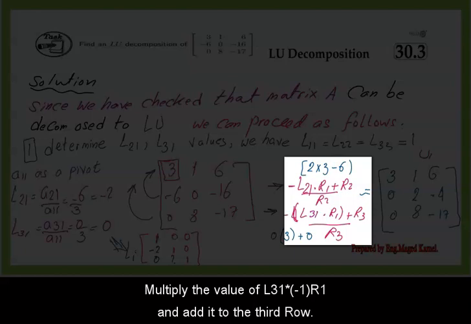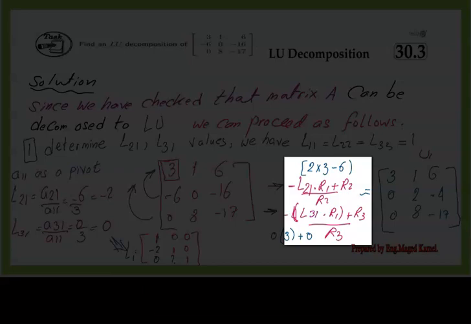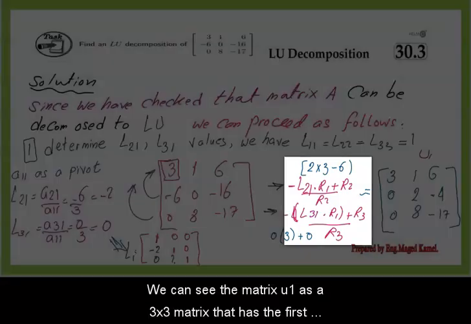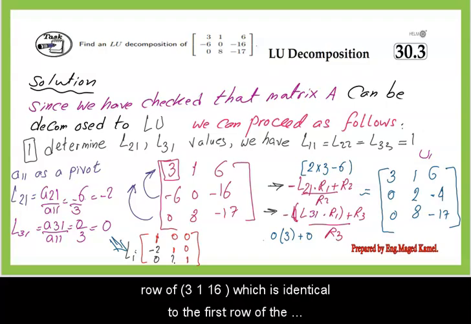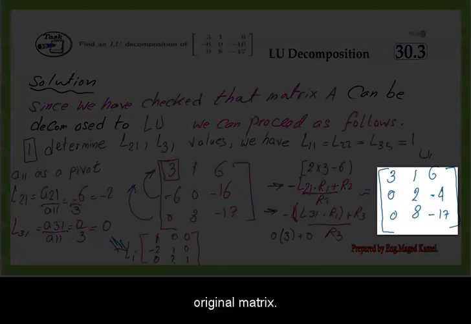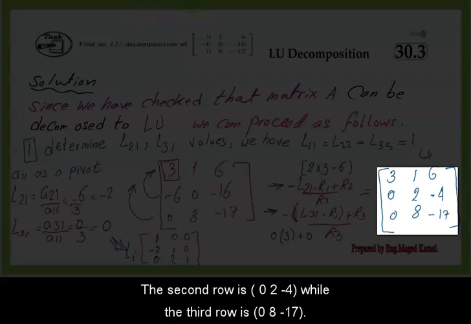Multiply the value of L sub 3,1 by -1 by R1 and add it to the third row. We can see the matrix U1 as a 3x3 matrix that has the first row of 3, 1, 6, which is identical to the first row of the original matrix. The second row is 0, 2, -4, while the third row is 0, 8, -17.